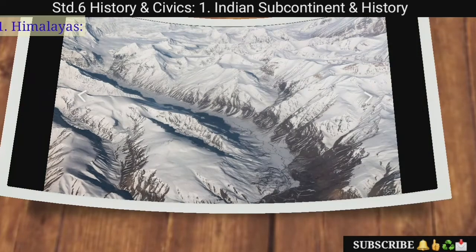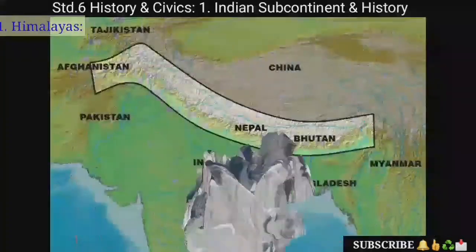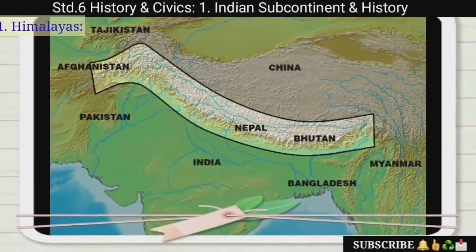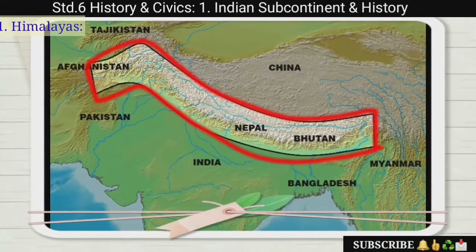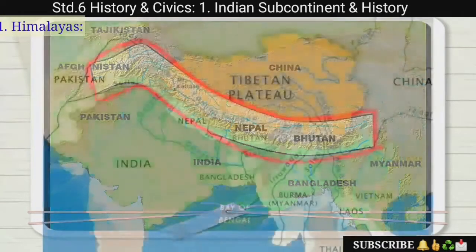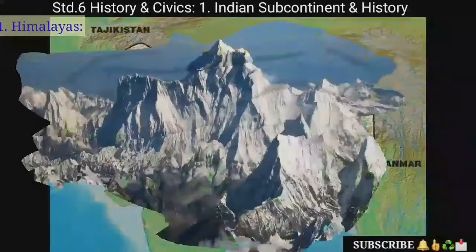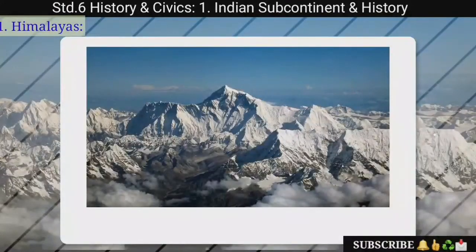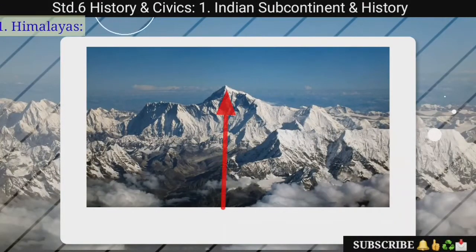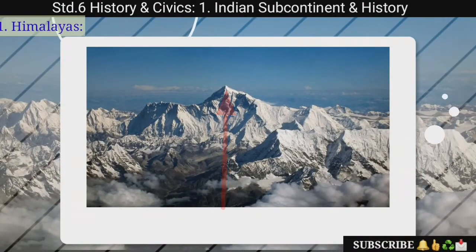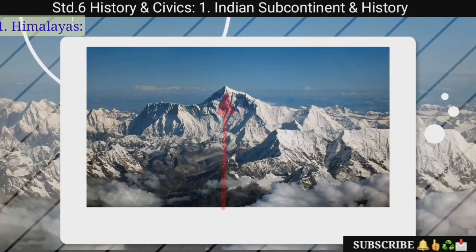So this is the meaning of Himalaya. The Himalayas are a mountain range in South and East Asia, separating the plains of the Indian subcontinent from the Tibetan Plateau. The range has many of Earth's highest peaks, including the highest, Mount Everest.